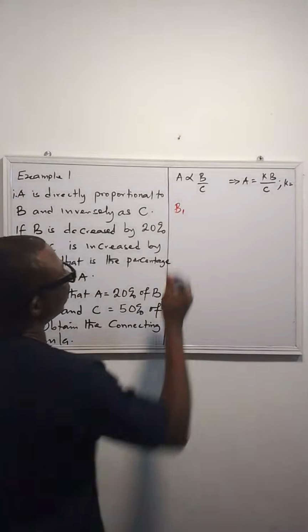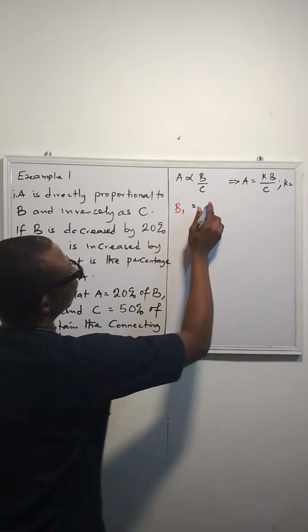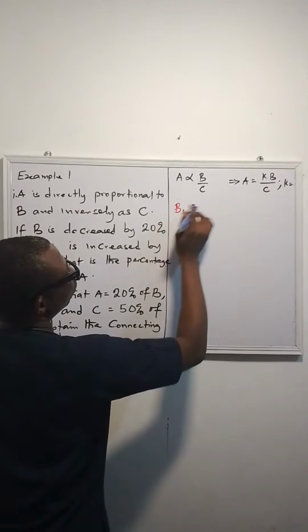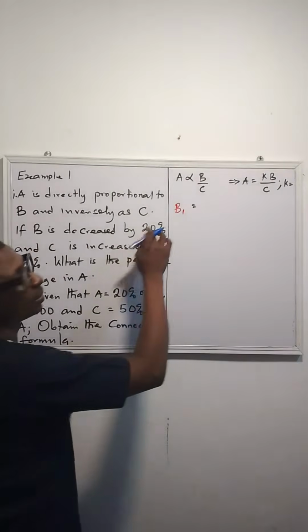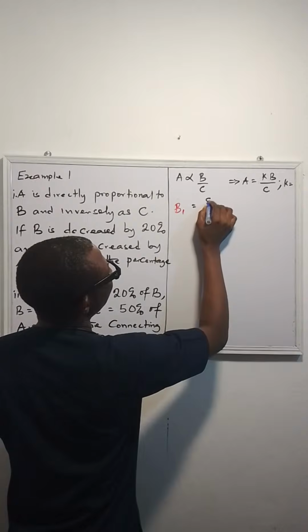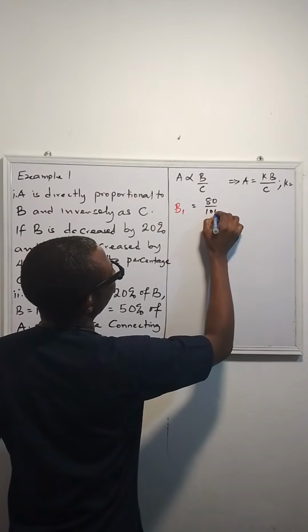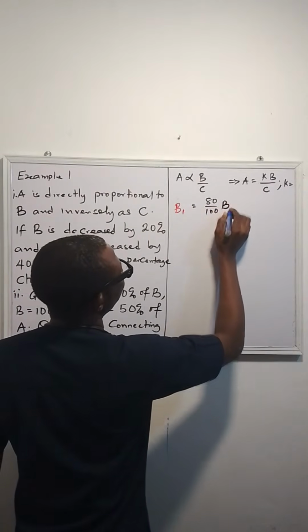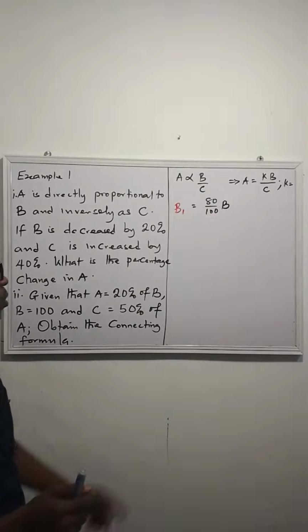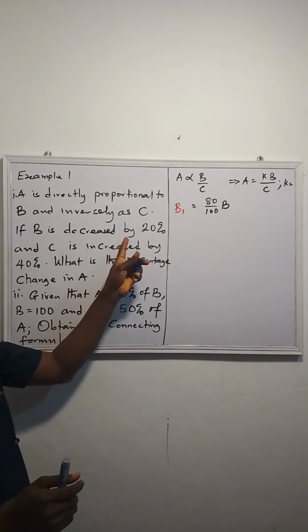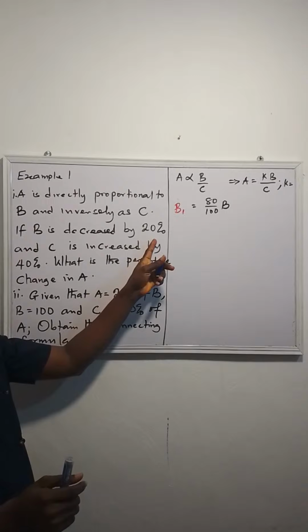That gives us, you reduce 100 by 20. So that gives you 80 over 100 B.